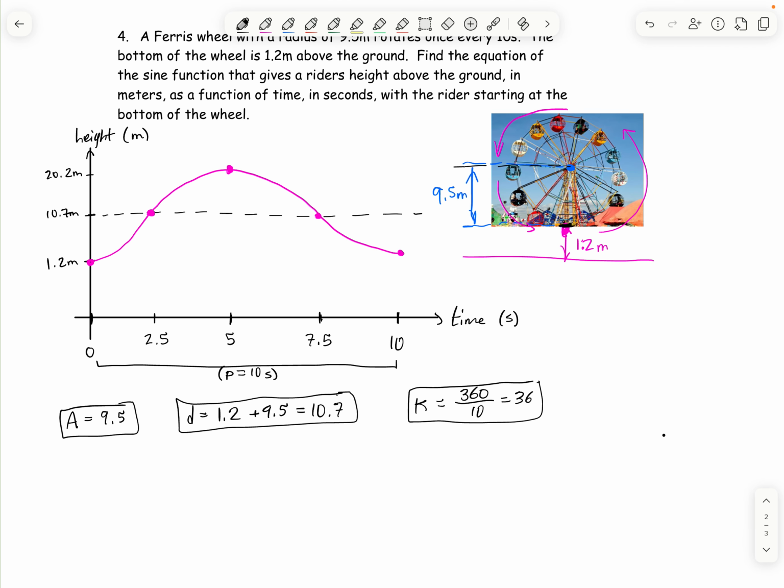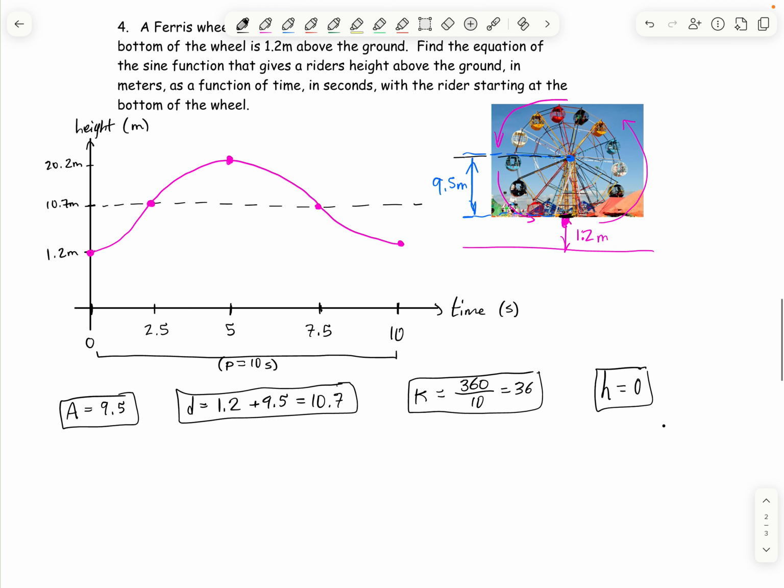The rider starts at the bottom. So when they start at the bottom, this is a very natural negative cosine, right? So that would mean that if I made my phase shift equal to 0, which is true for a negative cosine, then using all this information, I could say that the height of the rider with respect to time is equal to a negative cosine with an amplitude of 9.5.